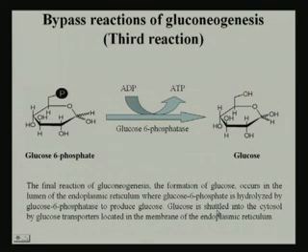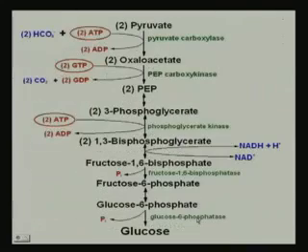Glucose is shuttled into the cytoplasm by glucose transporters located in the membrane of the endoplasmic reticulum. These are the bypass reactions, and the other reactions inside are the same as in the glycolytic process.